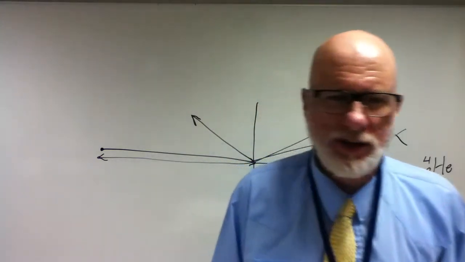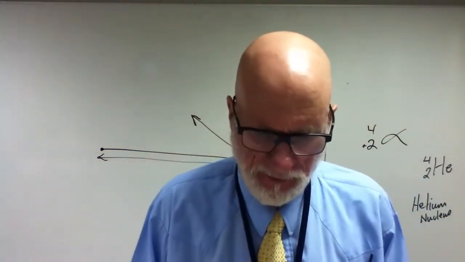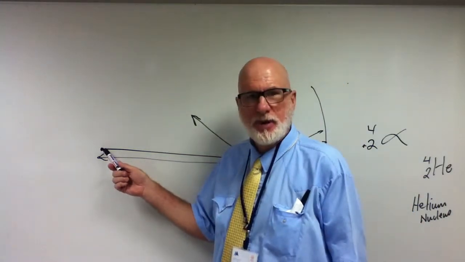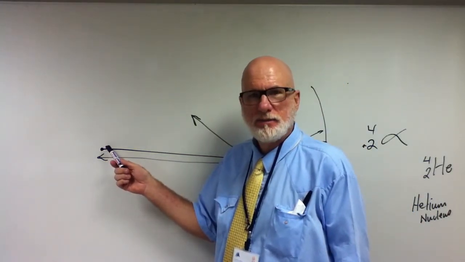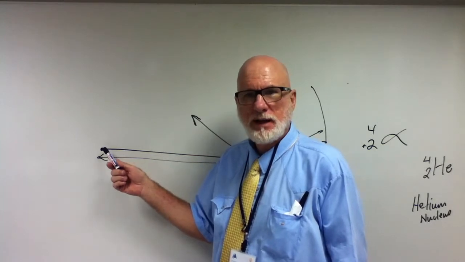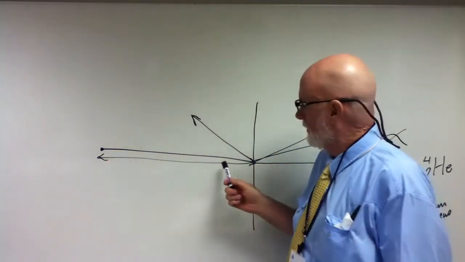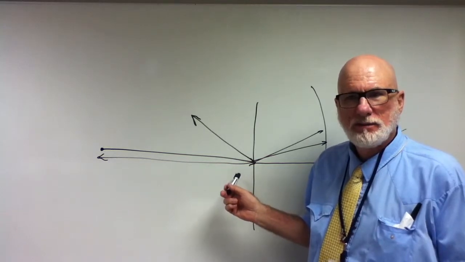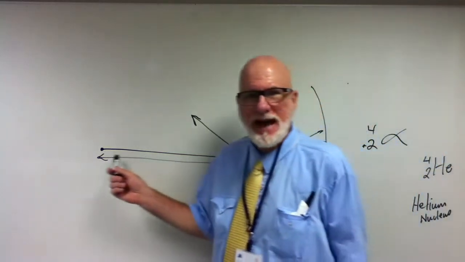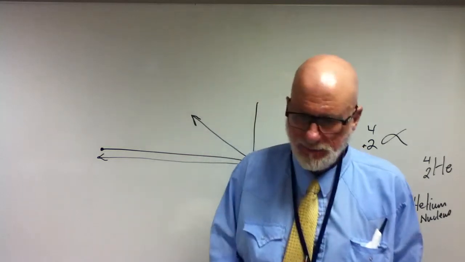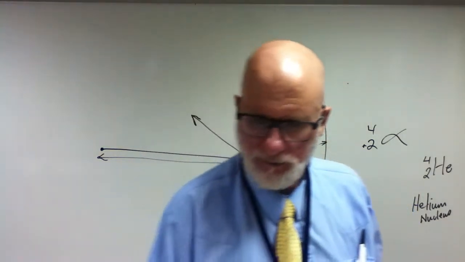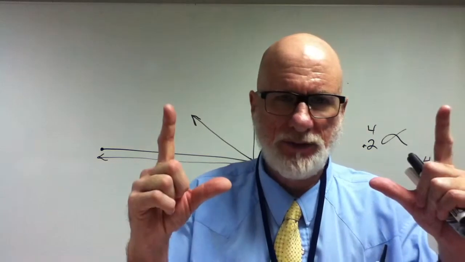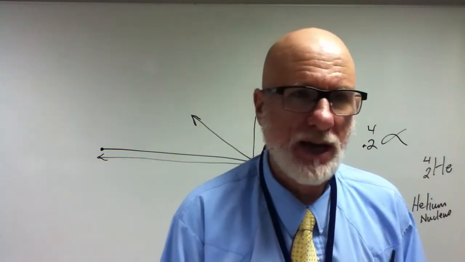Now, he said something to the effect of that shooting an alpha particle at a piece of gold foil and having it bounce back was like having a 15-inch, I think it was a 15-inch big shell, 15-inch artillery shell.